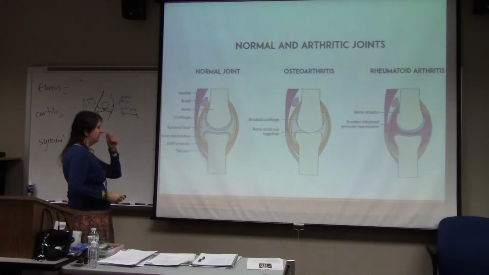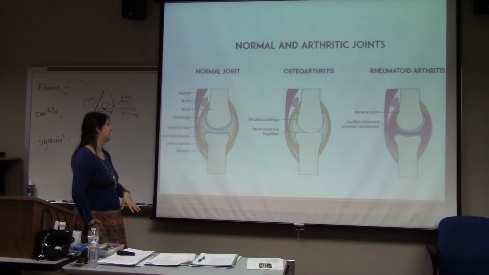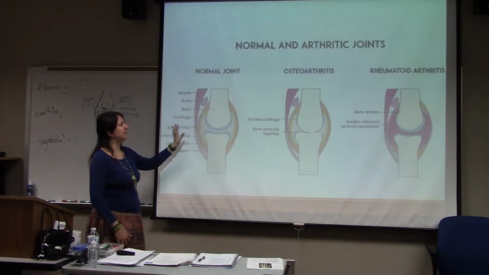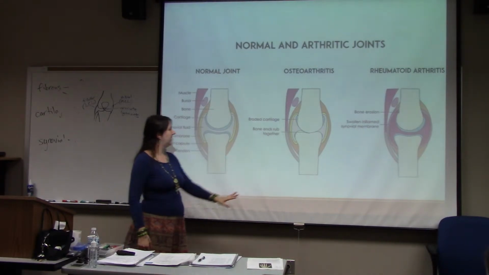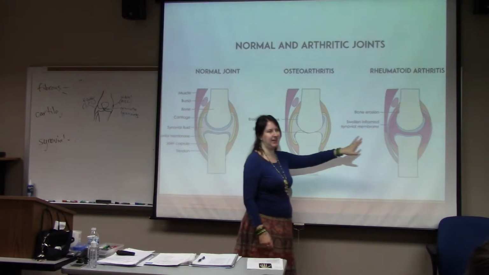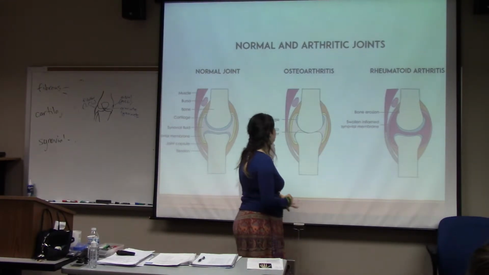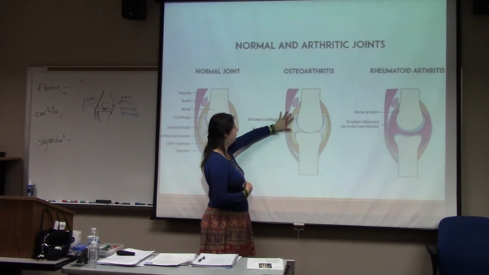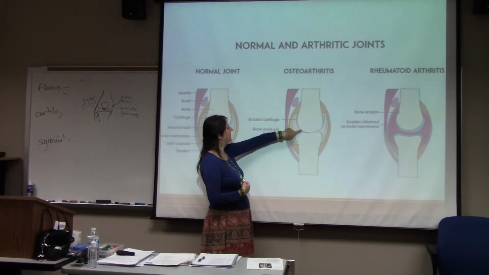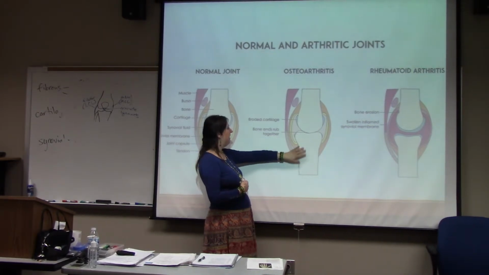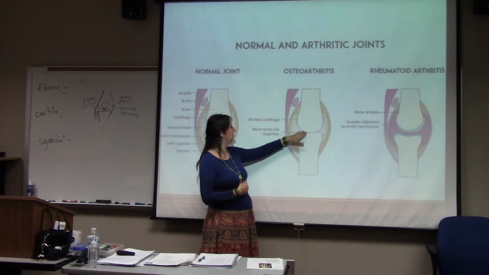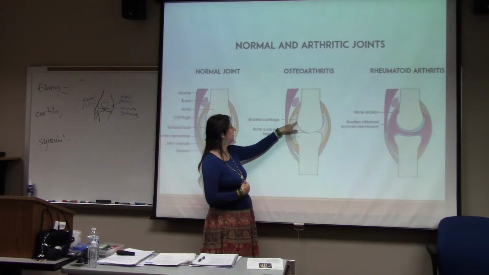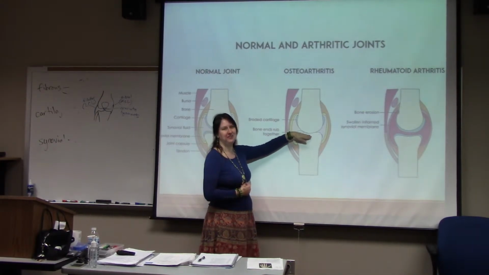This illustrates a healthy synovial joint and comparing osteoarthritis and rheumatoid arthritis. So in osteoarthritis, most of the tissues are fine, but the cartilage is worn down. And in this illustration, there's no cartilage left on those surfaces, just a little bit at the edges. The bones are touching.